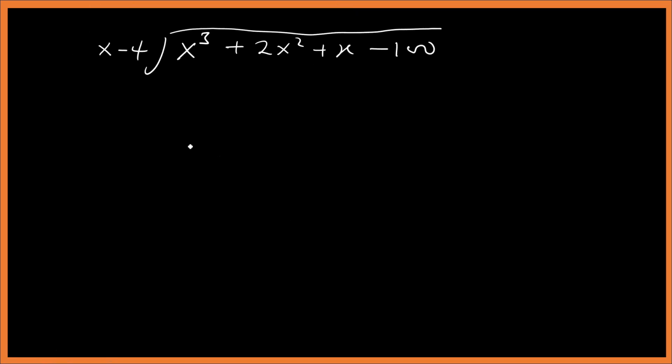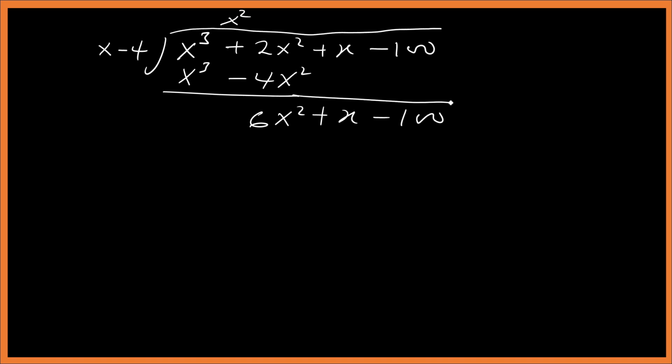Good, x minus 4. So let's start. x into x cubed is x squared. x squared times x minus 4 gives x cubed minus 4x squared. So let's subtract. This one will go. So we have minus minus plus, we have 6x squared plus x minus 100.